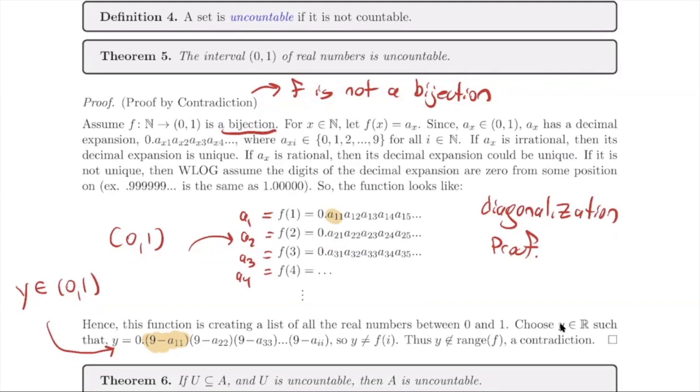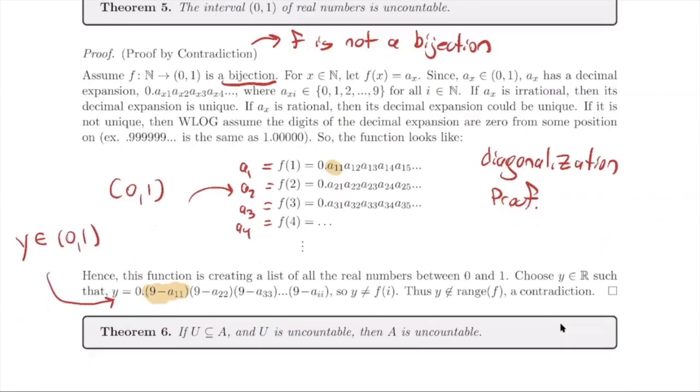So this tells me that this number y couldn't possibly be equal to A1, because their first decimal is off. And then we move over to the next one, and the second decimal of y is different than the second decimal of A2. So this tells us as well that y couldn't possibly equal A2, and so on and so on.